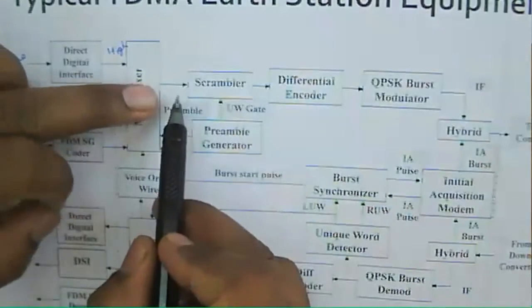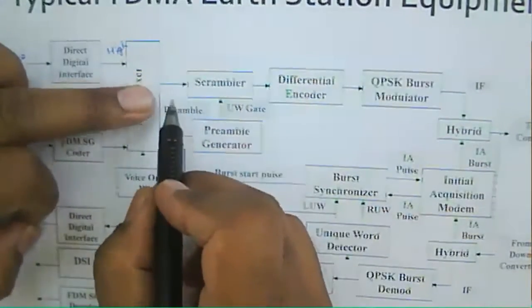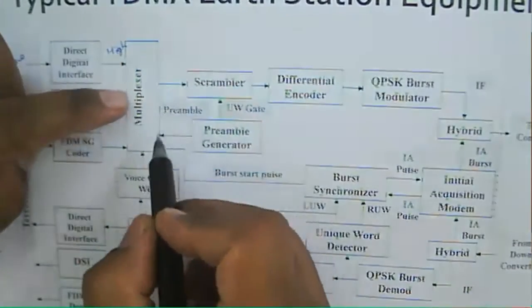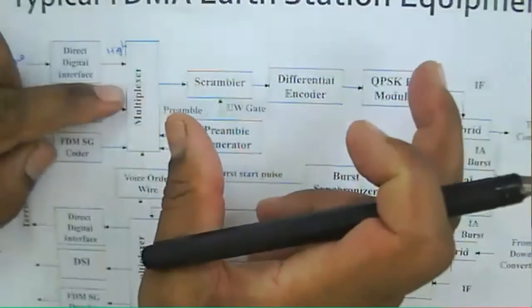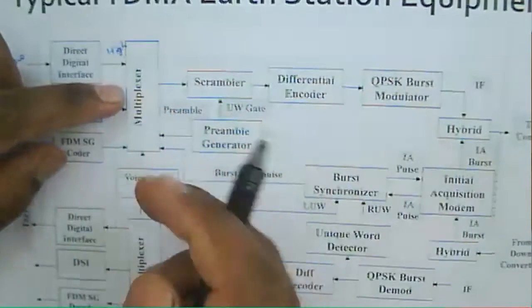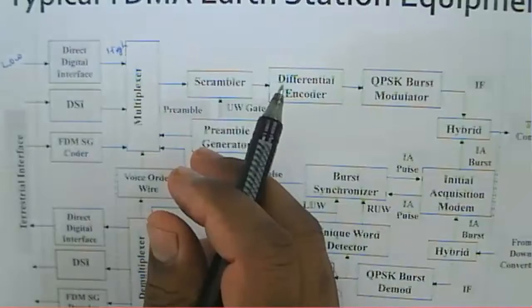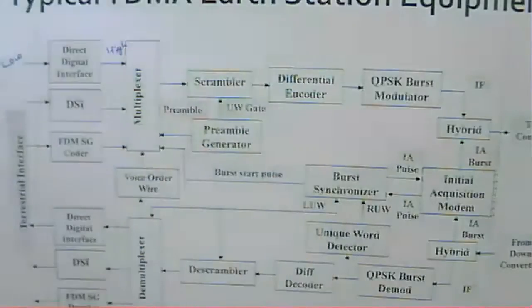So we get the output of a data bus after this multiplexer. And the preamble in the data bus is placed at the beginning of the bus in each frame. So that is about a preamble.